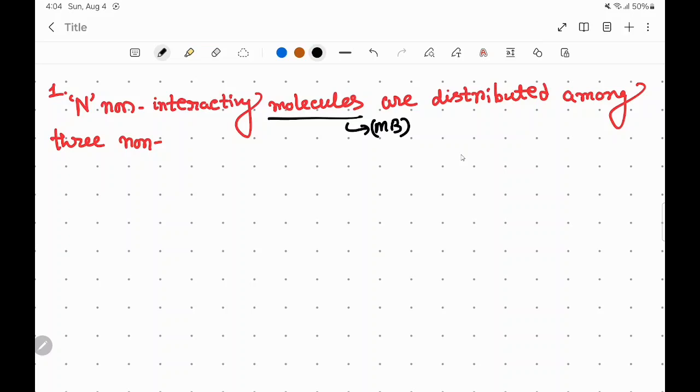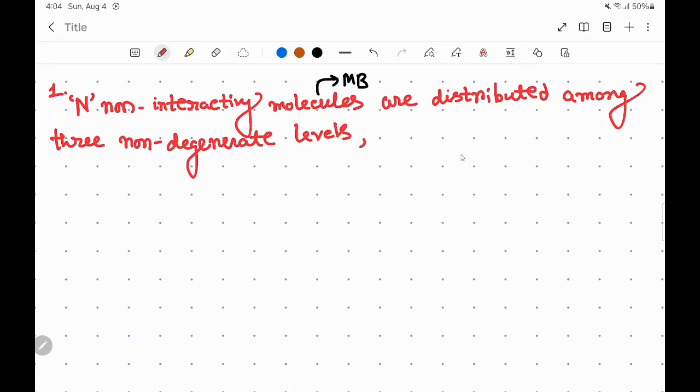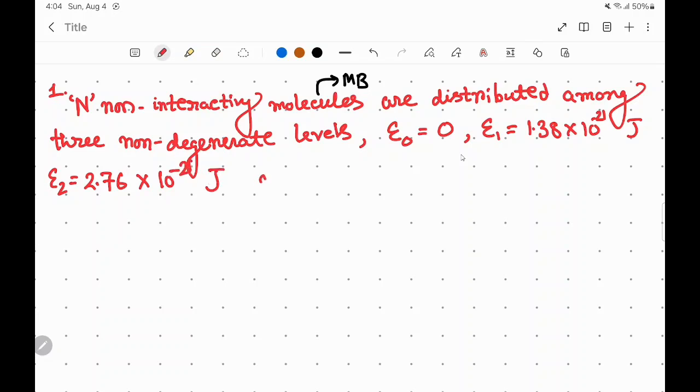The levels are epsilon 0 with energy 0, epsilon 1 with energy 1.38 into 10 to the power minus 21 joule, and epsilon 2 with energy 2.76 into 10 to the power minus 21 joule, at 100 Kelvin temperature.